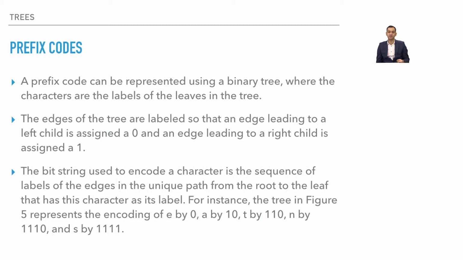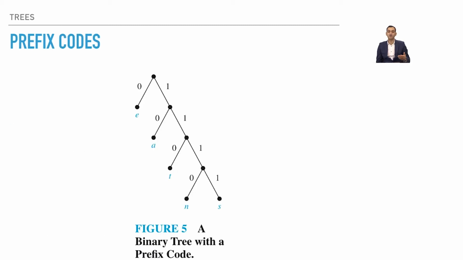For instance, the tree in figure 5 represents the encoding of E by 0, A by 10, T by 110, N by 1110, and S by 1111.